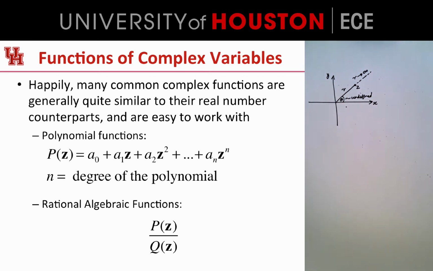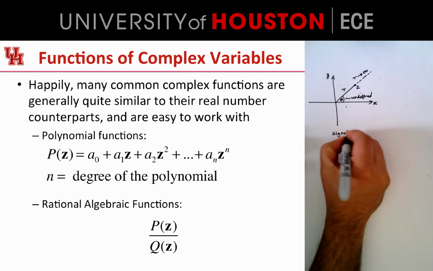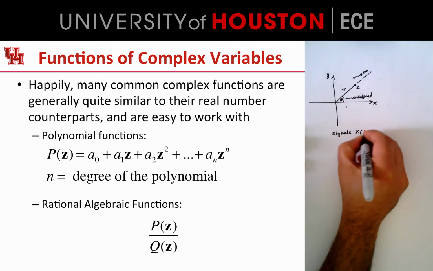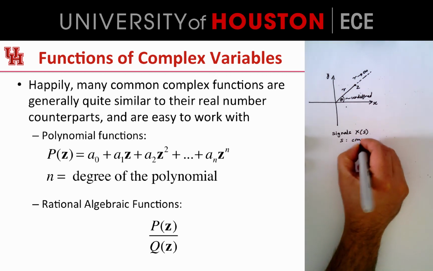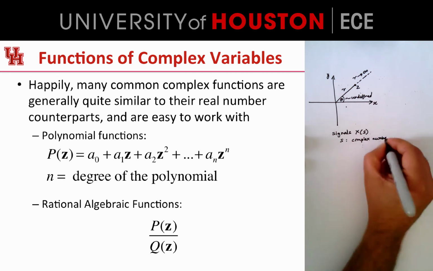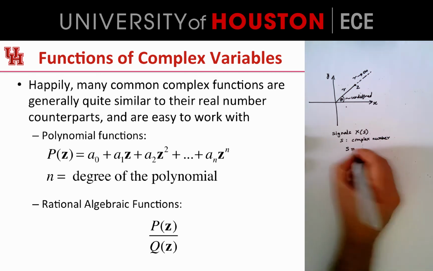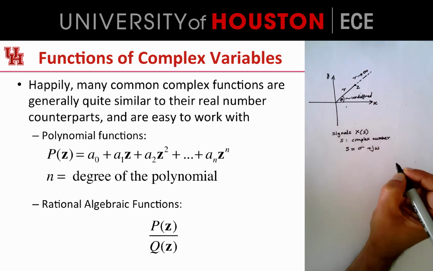Now, complex variables are used to represent all kinds of interesting quantities. We use complex variables to represent signals, and I might call that x of s, where s is a complex number. A little bit later in this class, we're going to represent this as sigma plus j omega.